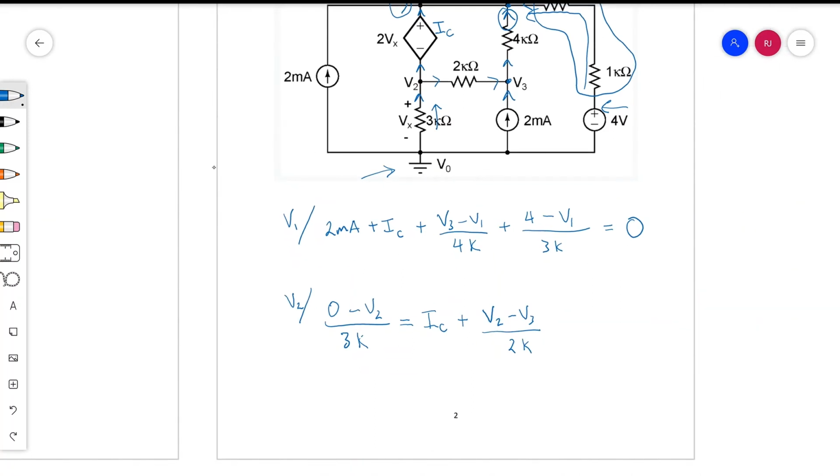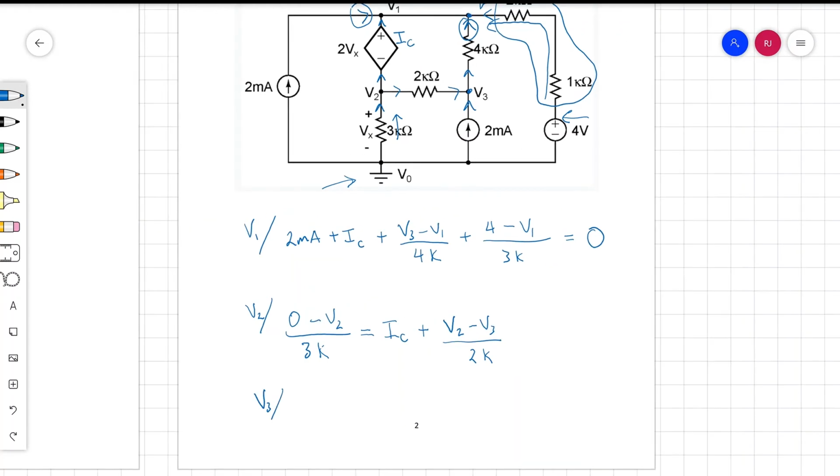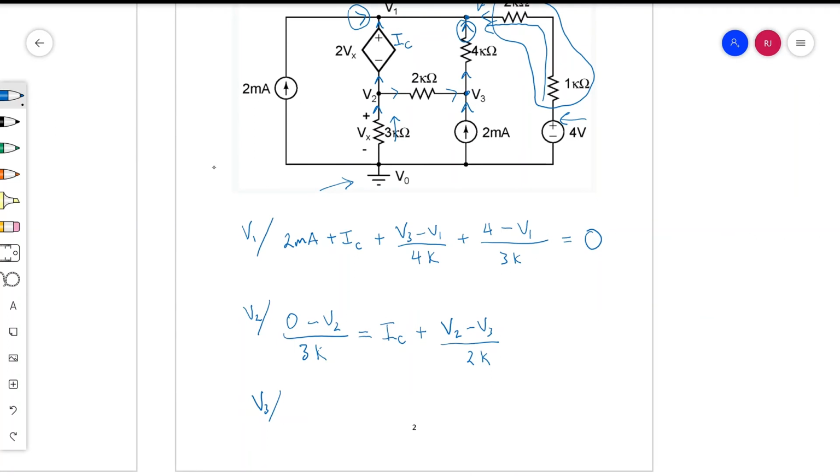The third one is just as simple. Coming into the node, you have the current traveling left to right across the 2 kilo ohm resistor, which you continue to characterize as V2 minus V3 over the 2 kilo ohms. And also coming into that node is the 2 milliamps.